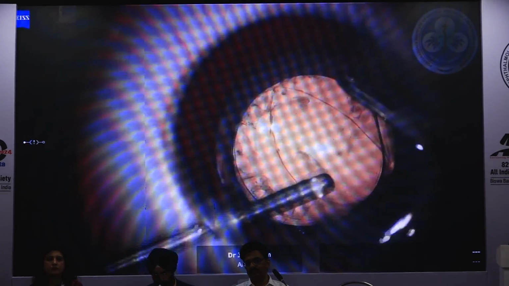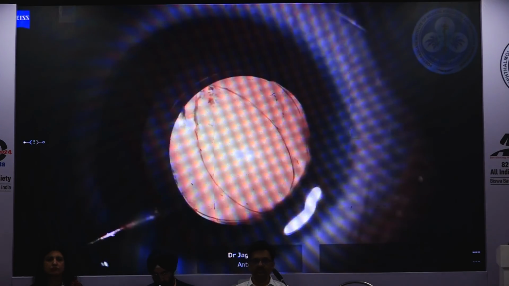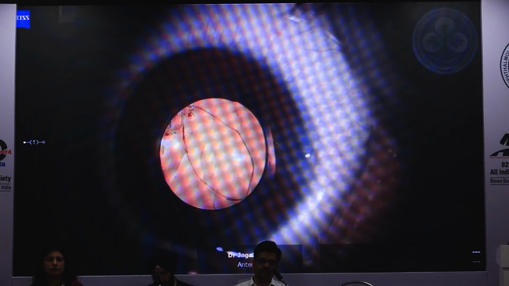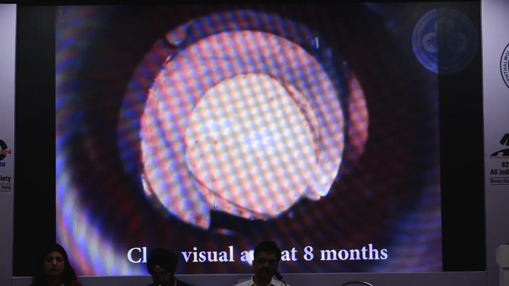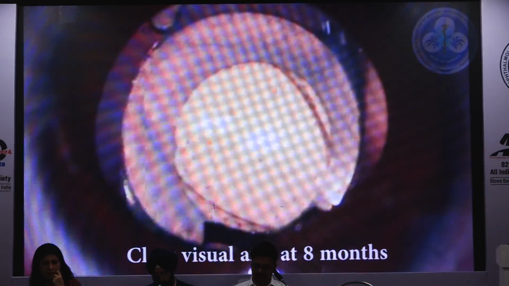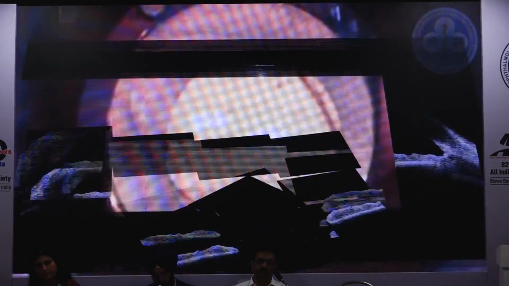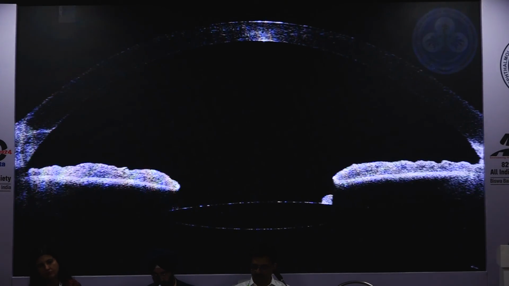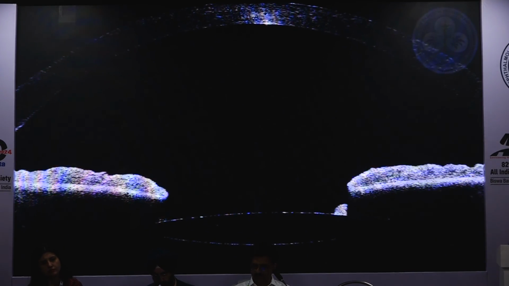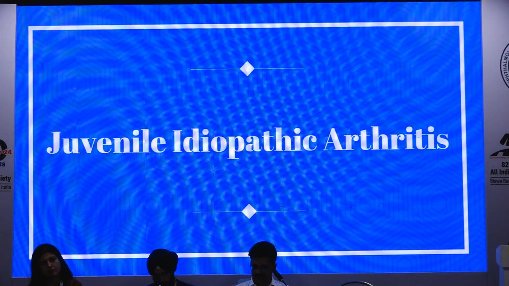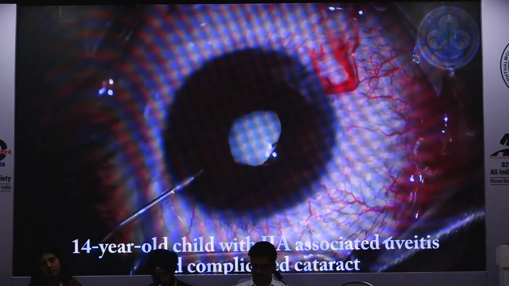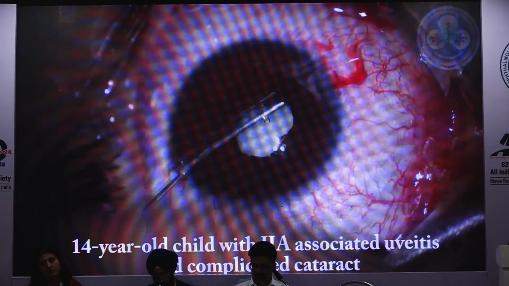Vitreous is detected by triamcinolone injection, and this is 8 months later, clear visual axis, and this is IOL position by anterior segment OCT. This is another child with juvenile idiopathic arthritis with uveitis.